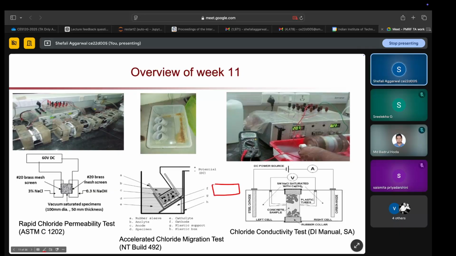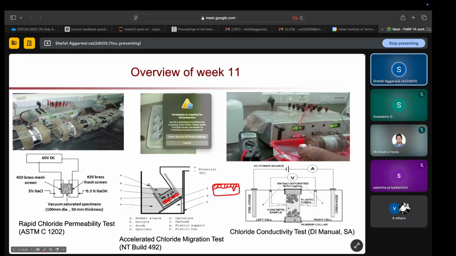If this is your split concrete, you will get something like this: this area will be whitish or silverish. This means there are chlorides present in this part of your concrete system. So this will give you the depth of chloride penetrated through your concrete system.